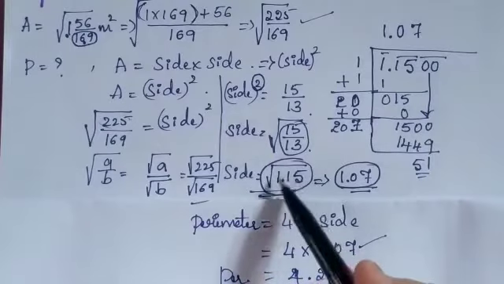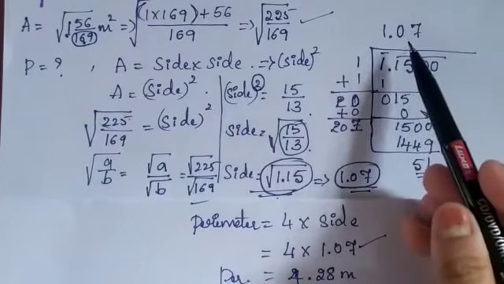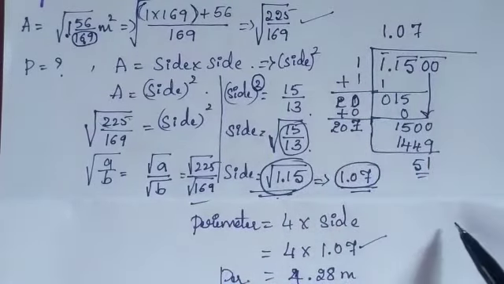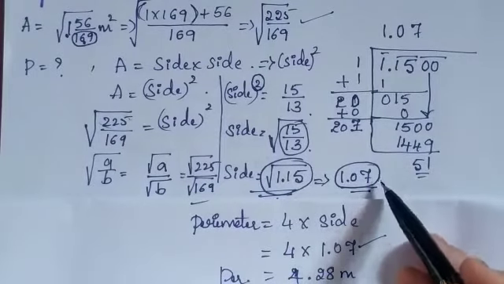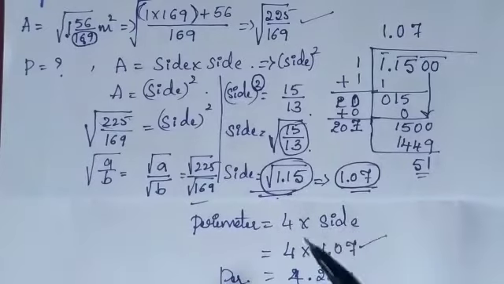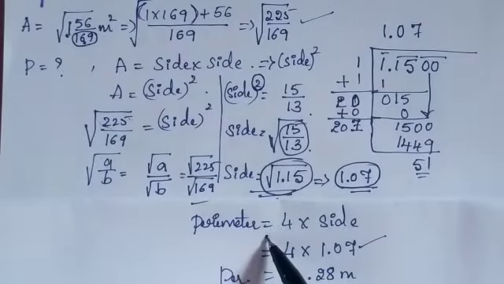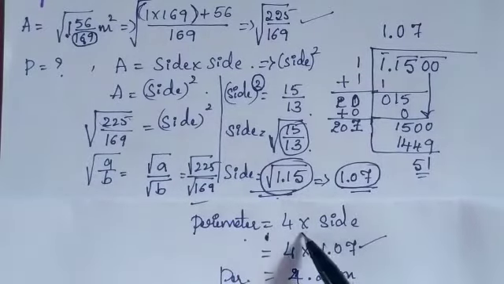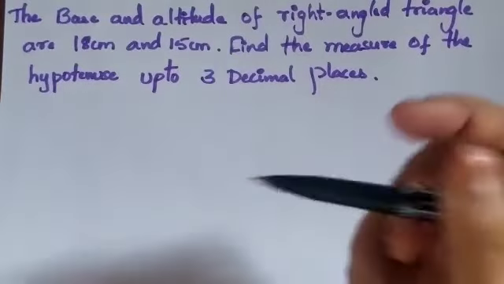If I find the square root, I only considered these numbers; you can still continue, but this is enough. So the side is 1.07. Using that side you can find the perimeter of a square. Perimeter equals 4 into side, that is 4 into 1.07, which is 4.28.